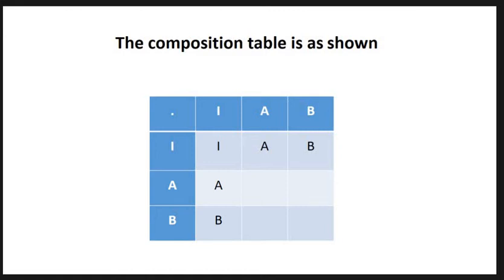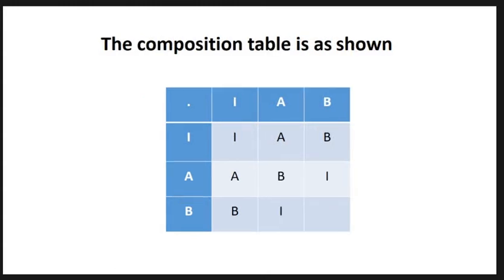I into A. What is I into A? It is A itself. Then I into B. It is B itself. And similarly A into I is equal to A. B into I is equal to B. Now A into A. A into A is equal to B. And A into B is equal to I. B into A is equal to I.